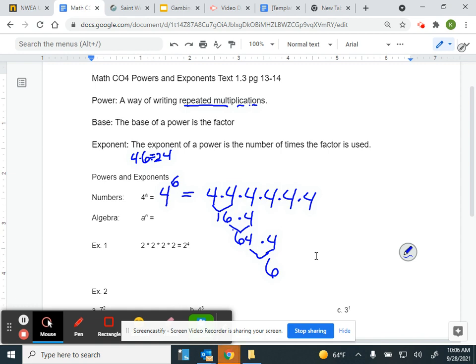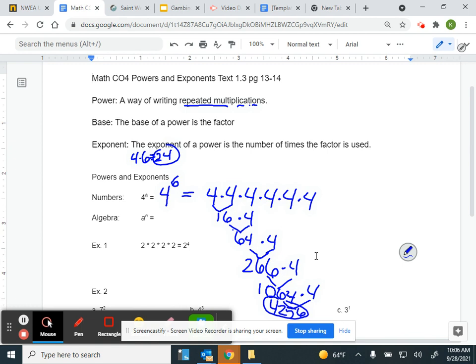So that would be 256, times another 4 would be 1024, times another 4. My goodness, that would be 4,096. Whoa. A lot different than the 24, right?